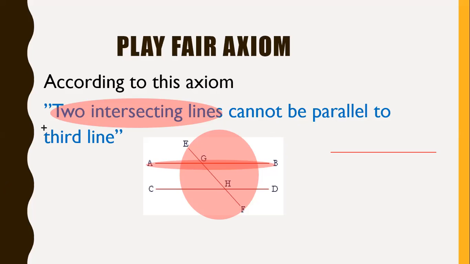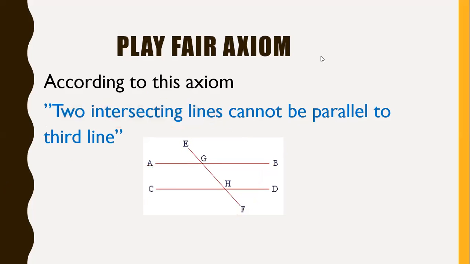The third line here is CT. Clear? What is Playfair axiom? According to this axiom, two intersecting lines cannot be parallel to a third one. Clear, my dear?